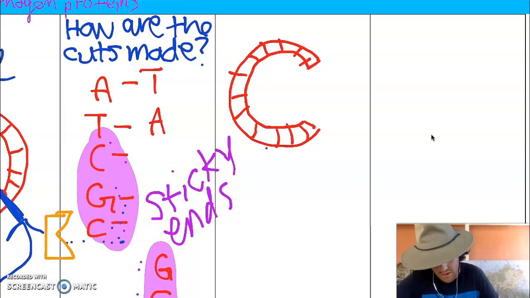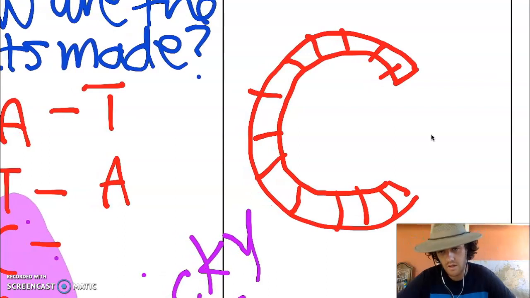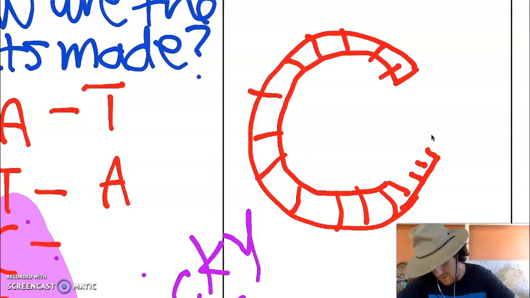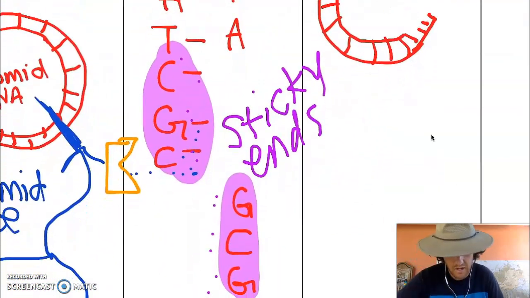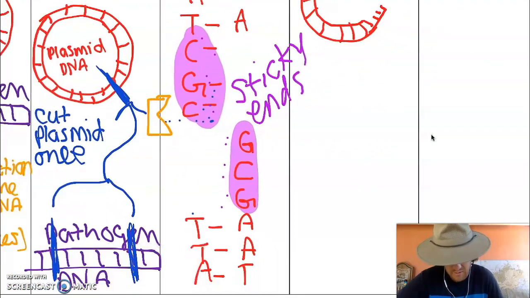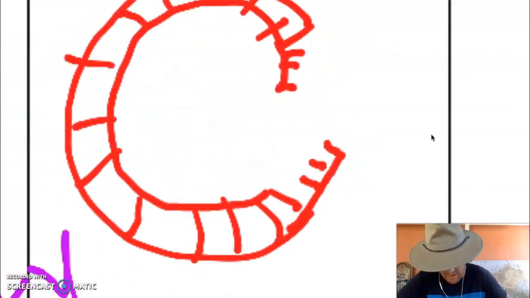But remember, it's not just that it was a straight cut to cut it open. Instead, there's going to be some exposed sticky ends. Just like how over here, when the cut was made, on one side I had an exposed GCG, and on the other side I had exposed CGC. I'm going to draw that in right here on this plasmid.